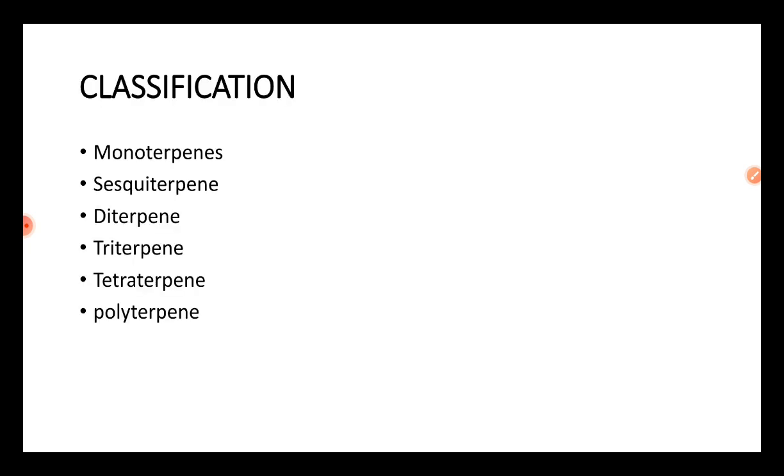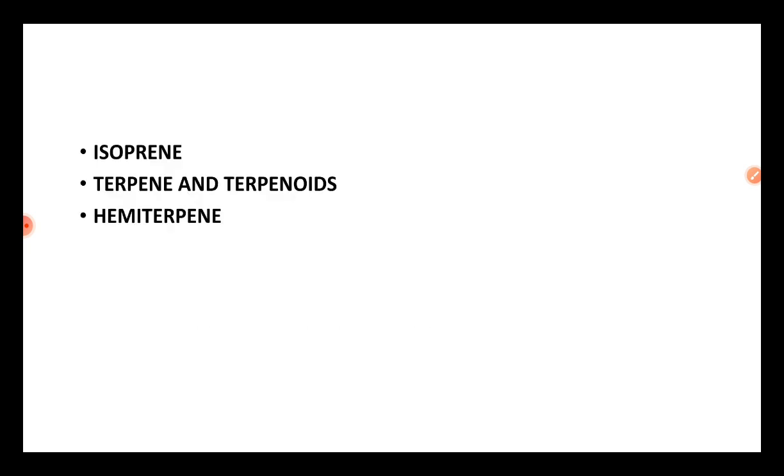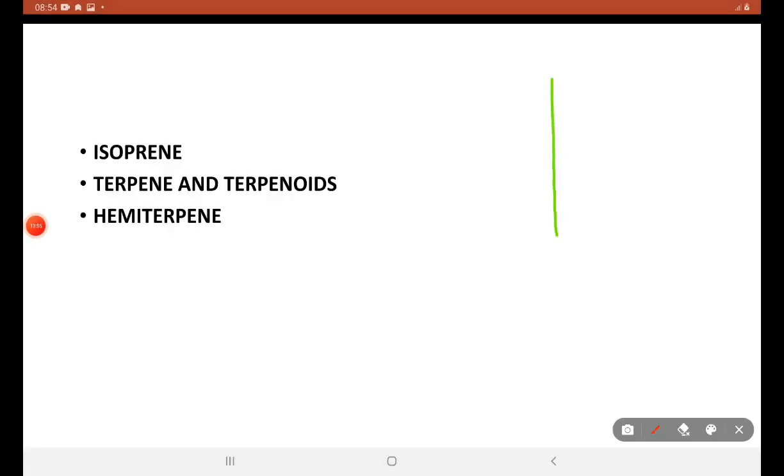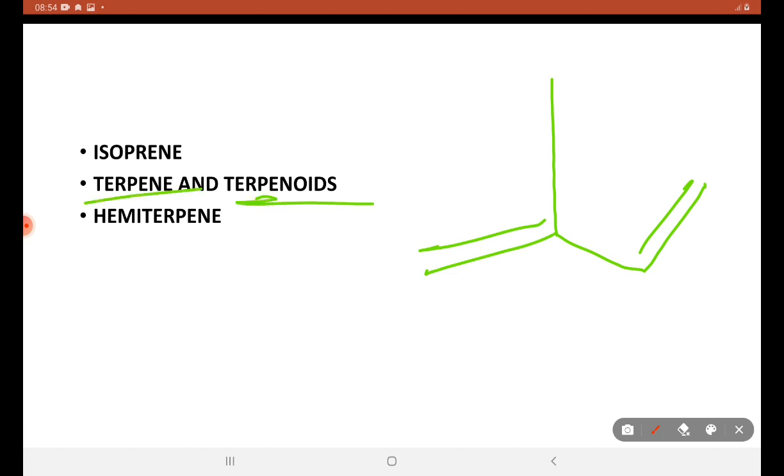Let us sum up all these. Terpene is an isoprene structure. This is the structure of terpene. Terpenes are hydrocarbons. Terpenoids are oxygenated hydrocarbons. Hemiterpene is C5H8.